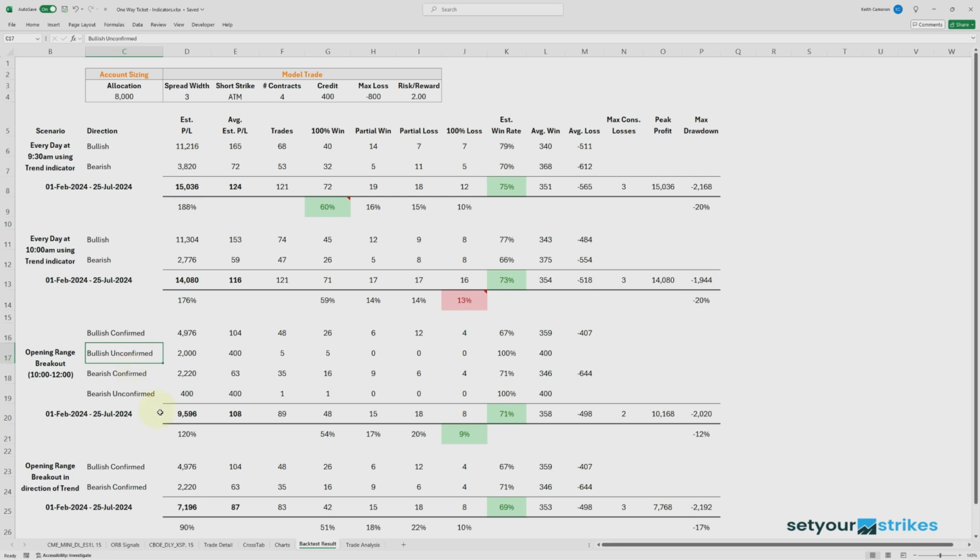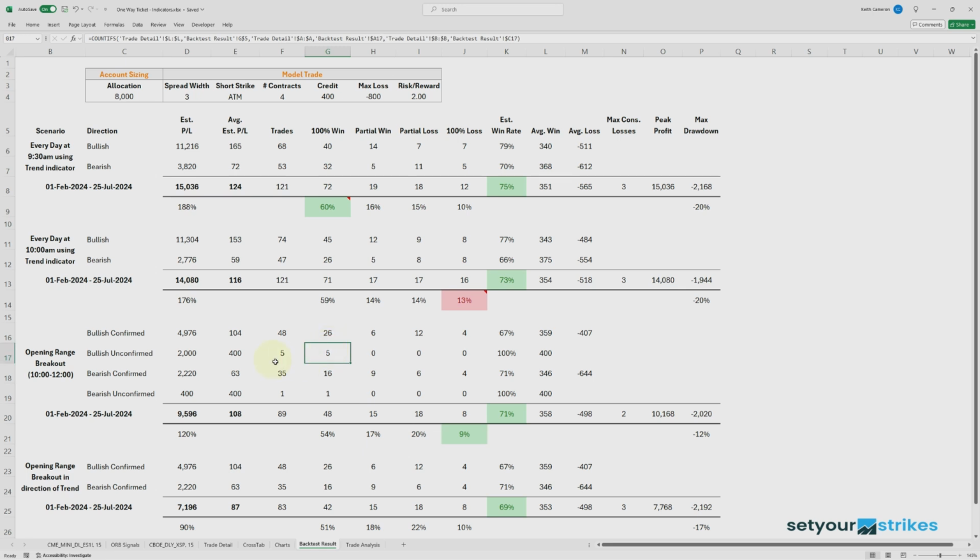Bullish unconfirmed means the trend is bearish, but yet we received a bullish opening range breakout trade. So this first scenario is ignoring the trend, but you can see I've broken it out so that I can see what the difference is. And interestingly, there's 6 trades here that are unconfirmed trades, and I think they were all 100% winners.